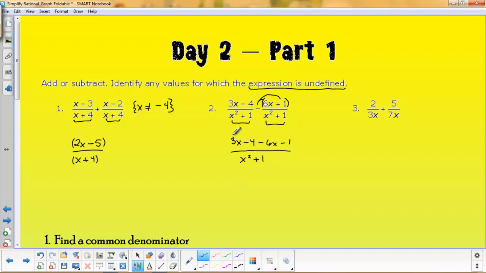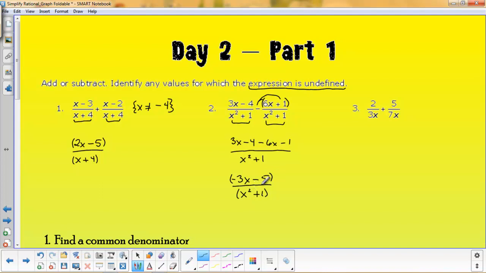We'll combine like terms. 3 minus 6 is -3x, and 4 and 1 makes -5, all over x squared plus 1. Identify your quantities. Notice that there are no identical quantities, so we cannot simplify it any further.